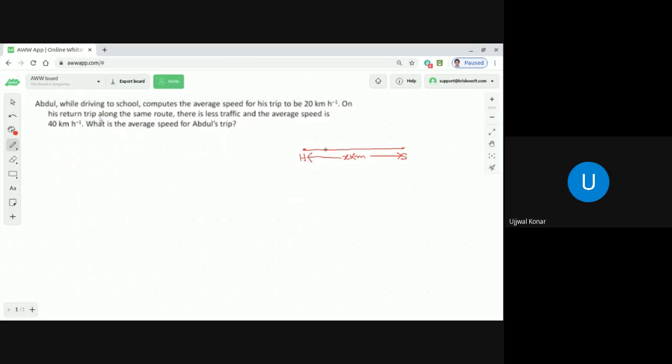So now, when Abdul is going from home to the school, his speed was 20 km per hour. So how much time did Abdul take to reach from home to school? It is obviously x by 20 hours, correct or not?